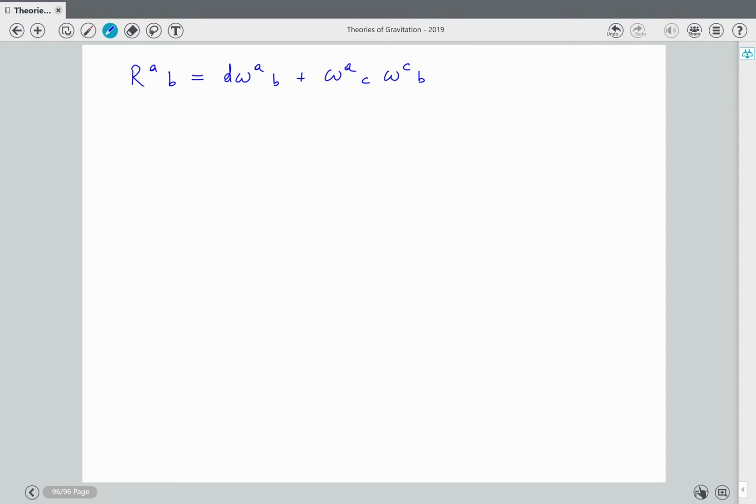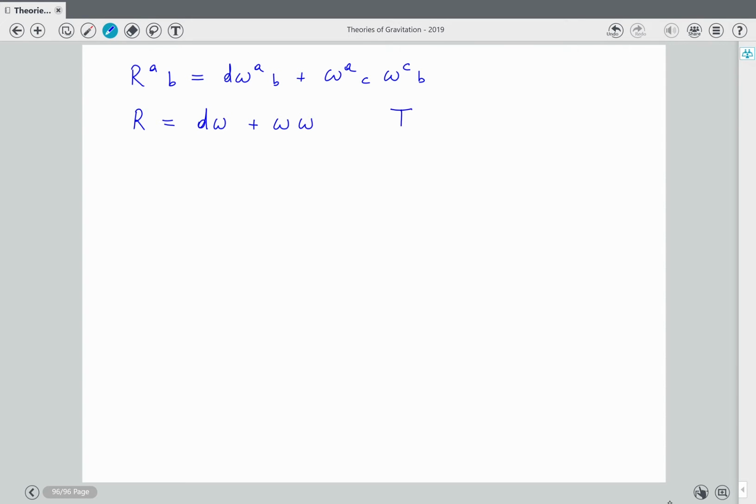And when we want to suppress the matrix indices, we will also write R equal d omega plus omega omega, and you have to understand where the indices are, and where they are contracted, and where the forms are.